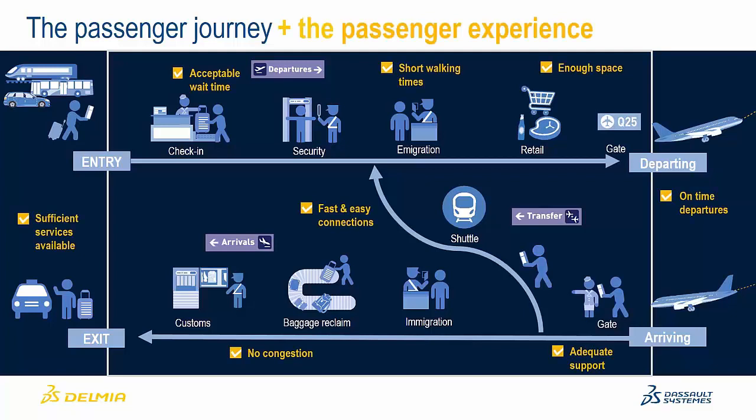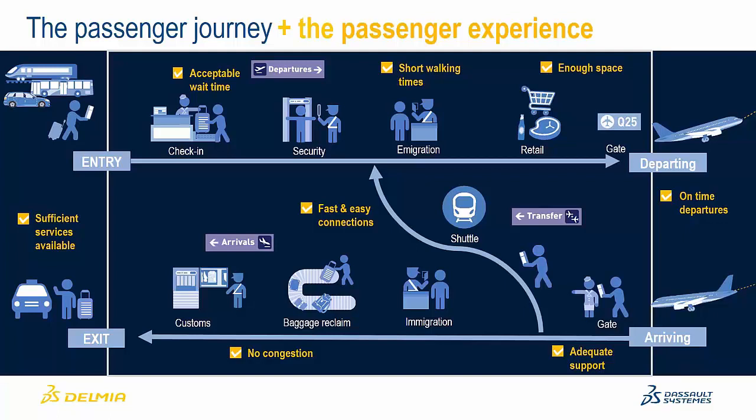And during that journey, the passenger will experience a certain service level. And he also has some expectations on that service level. So when we talk about the passenger experience, we're talking about the waiting times and the walking distance, whether there is enough space available in the lounges or whether there are sufficient retail facilities, whether there are enough service employees, and whether a connection is easy and can be made.